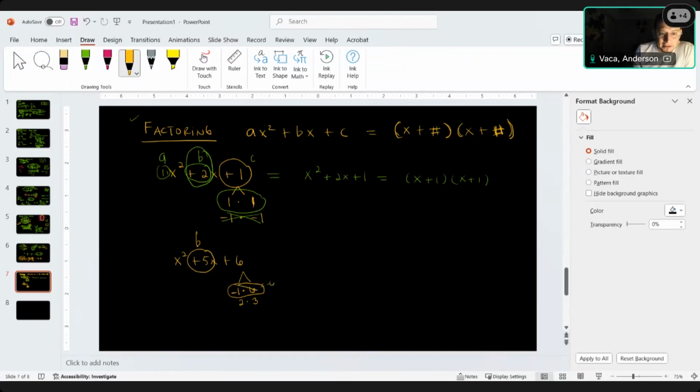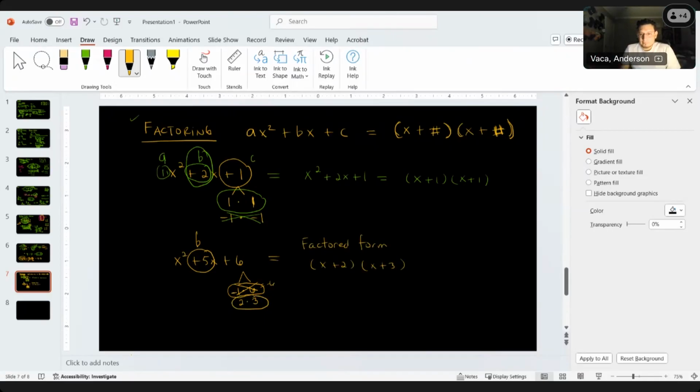Therefore, this option is not it. It can only be the 2 and the 3. So in factored form, we have x plus 2, x plus 3. Simple enough, right?